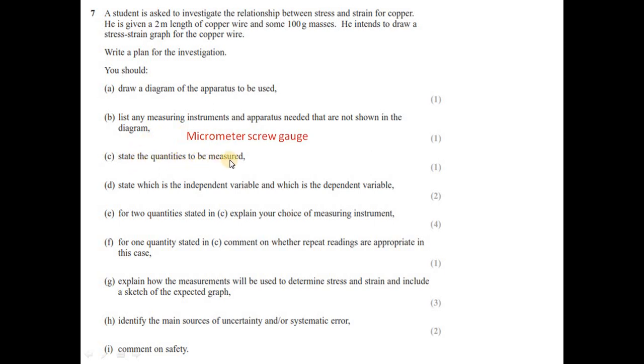State the quantities to be measured. Of course, we are going to measure extension, diameter and area of the wire, and the mass that is hung, or you can say it is a force. So extension, diameter of the wire and the mass, and mass can be converted into force. These are the quantities we are going to measure during our investigation.